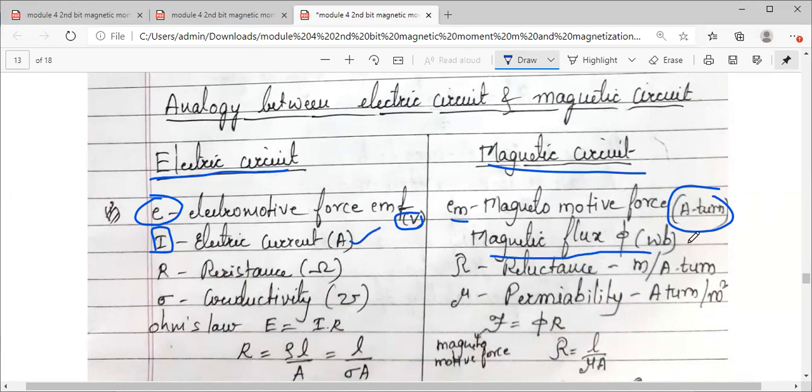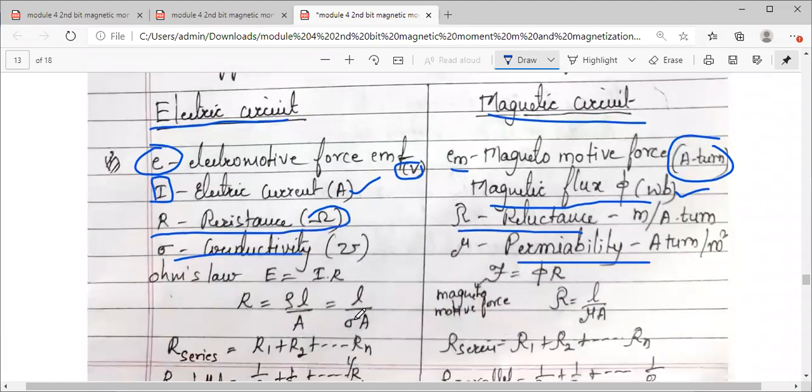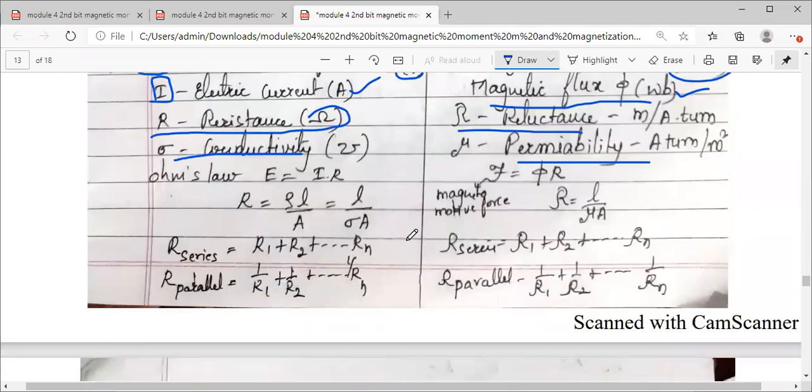Here current is in amperes. In magnetic circuit, the flux is in Webers. We come across the term resistance in ohm. Here it is reluctance. Then you have conductivity, then permittivity. So I have listed some similar, analogous terms here.